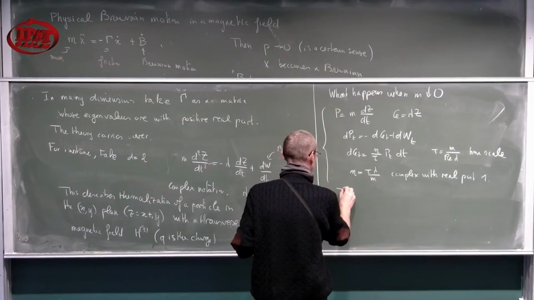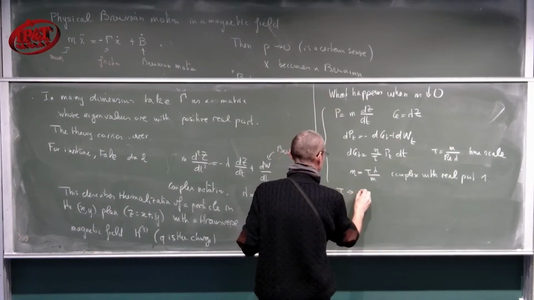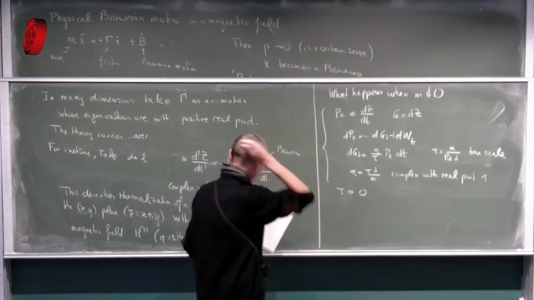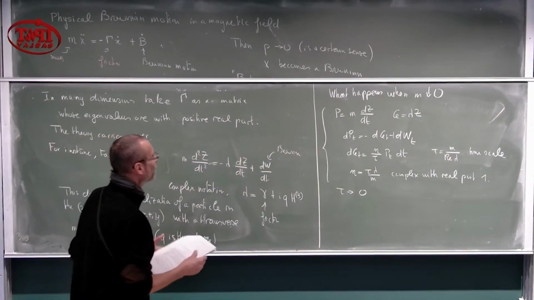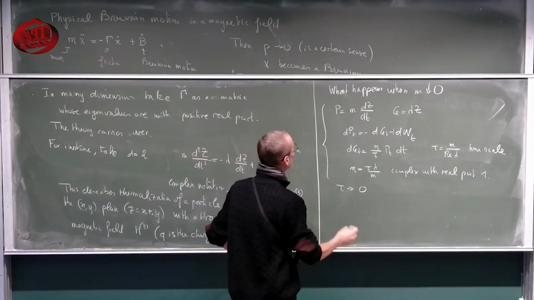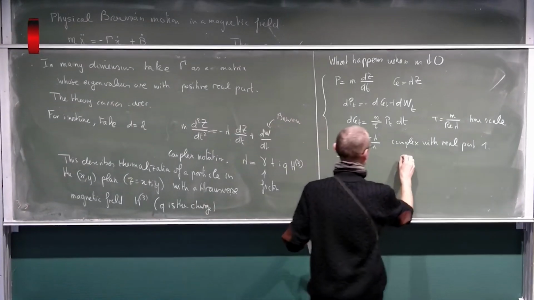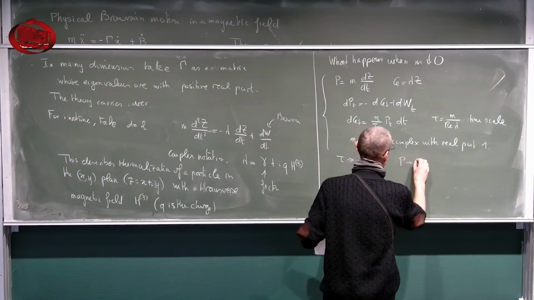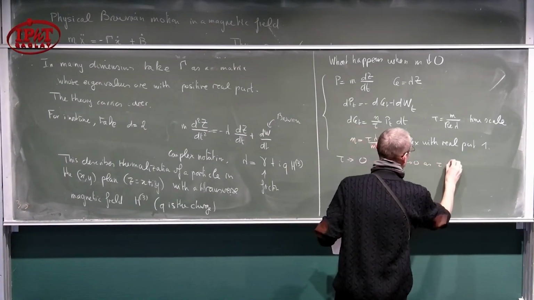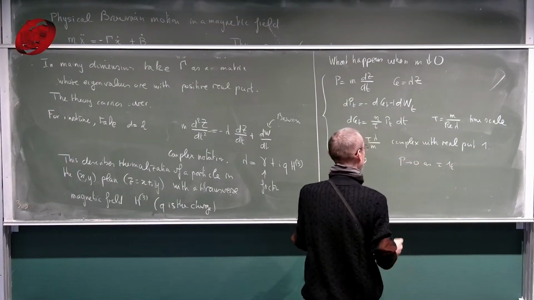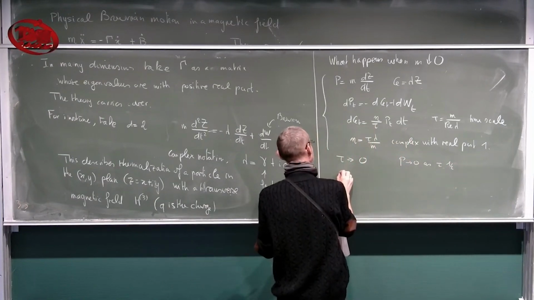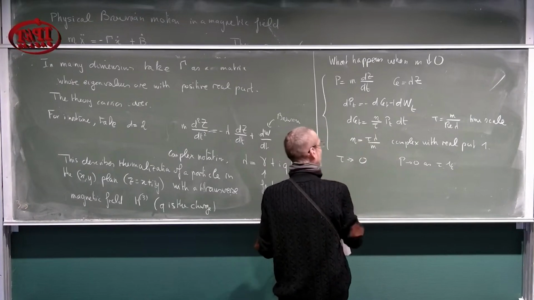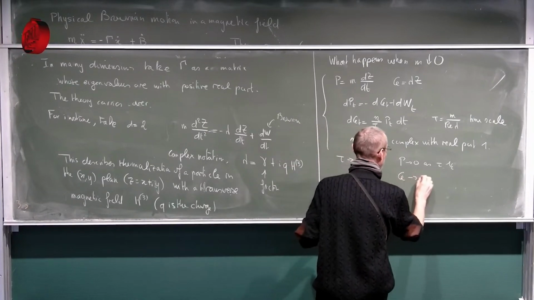And so now what you are going to do is to look at tau goes to 0. And you can do many things, but the point is that when tau goes to 0, P goes to 0 as tau to the 1/2, and Q goes to Brownian motion.